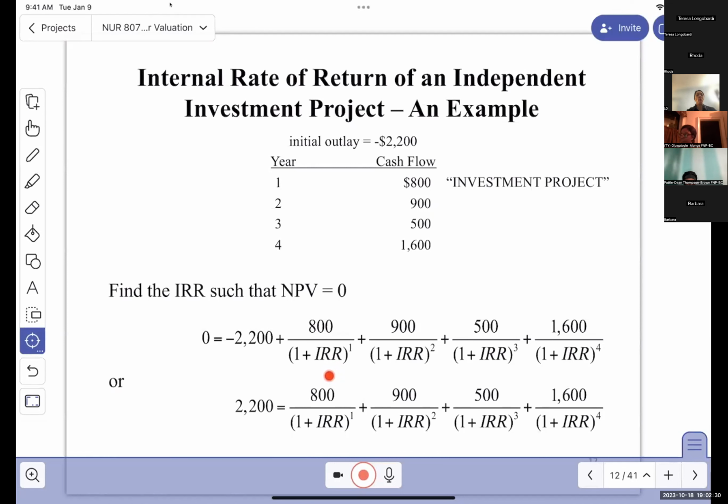In that way, they don't actually have to come up with the interest rate they're going to use. So in this, there's no interest rate? Not to calculate it. We're not going to use an interest rate to calculate it, but we're going to use an interest rate to interpret it.